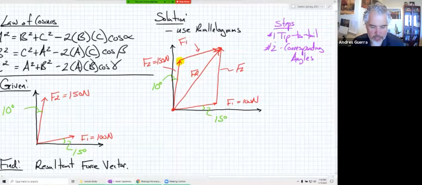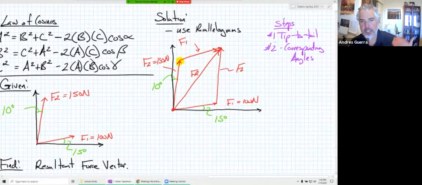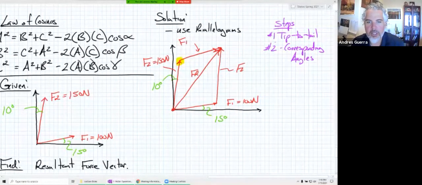Now, if we do, I'm going to switch to blue here, our corresponding angles, like, how about this 10 degrees? Basically the idea of corresponding angles is to transfer information from one side of a line to the other side, and using those parallel lines. So this 10 degrees, if I drew a line parallel to my vertical axis, wouldn't that one right there also be 10 degrees?